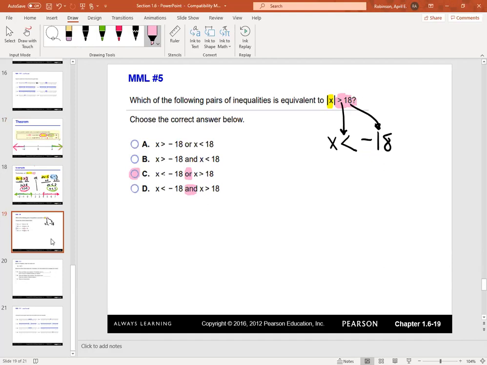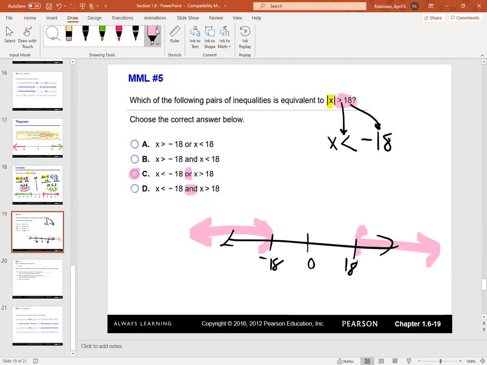Because if you looked at the number line, here's 0, here's negative 18, up here's positive 18. You can either go to the right or to the left. You can't do them both at the same time.